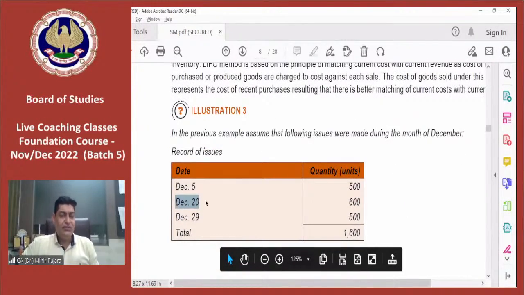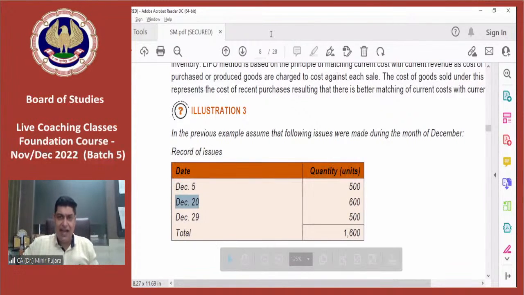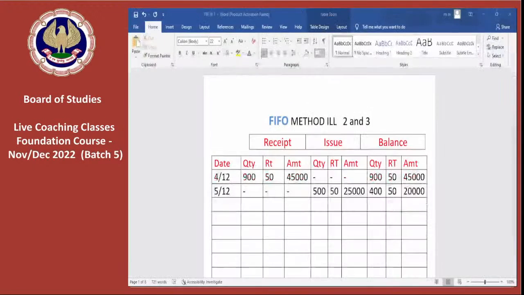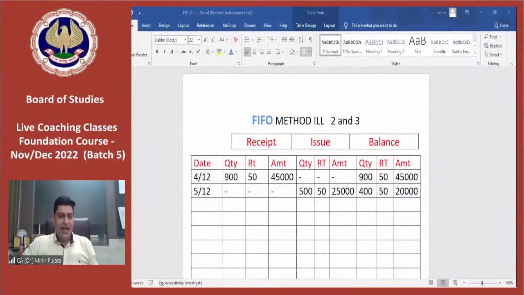All the dates which are before 20, so 10, 11, 19, I have to write as purchases. Clear guys?